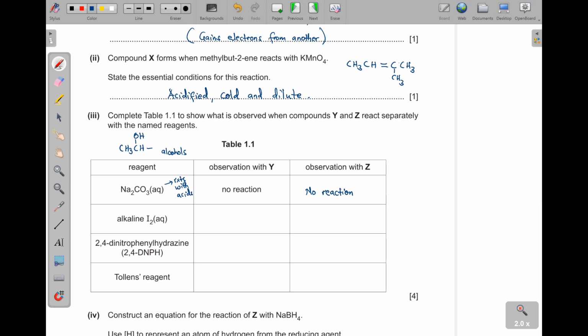And then for ketones, or carbonyl compounds, we must have a CH3, then CO. This is for carbonyls, majorly for ketones. But we can also have ethanol. Even this one can give a positive test because it has the group here.